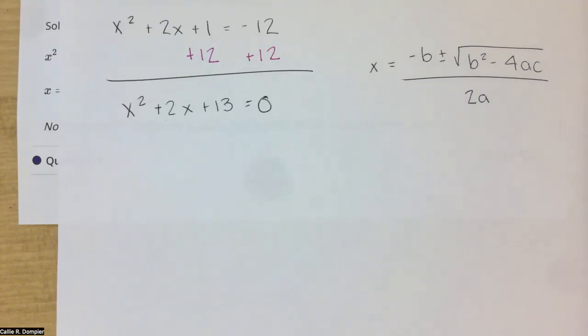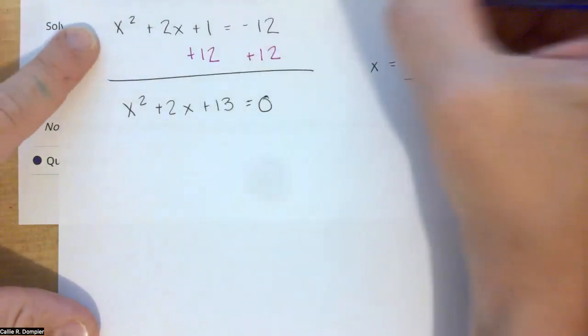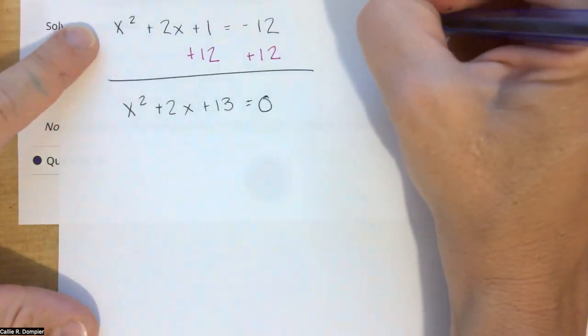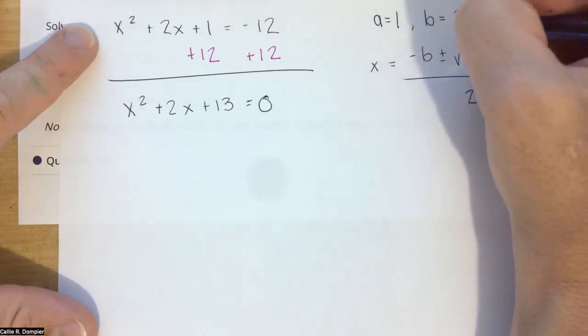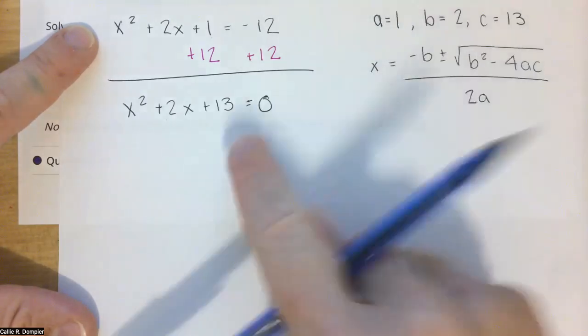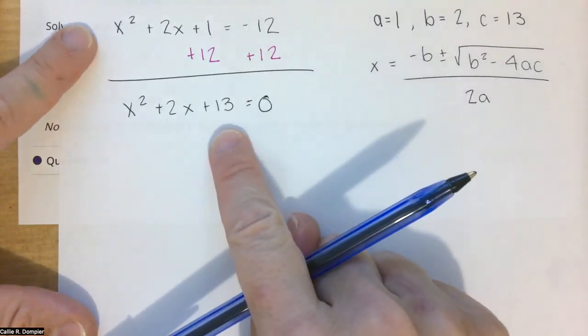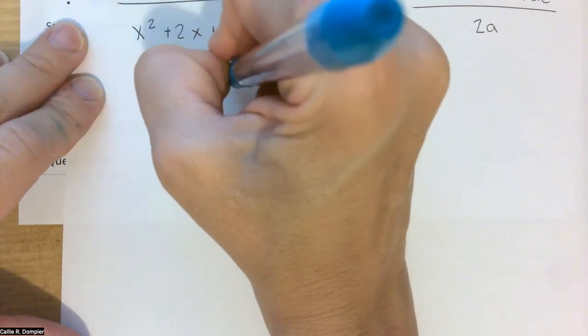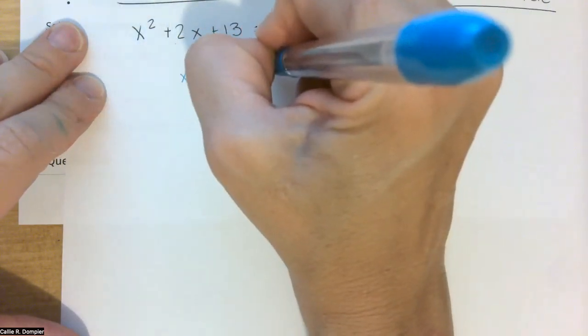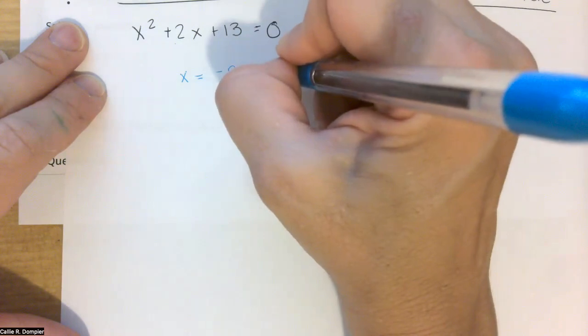Right? So we know a is 1, b is 2, and c is 13.